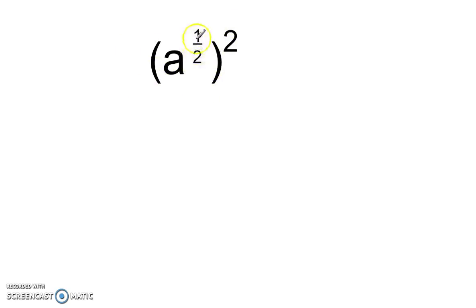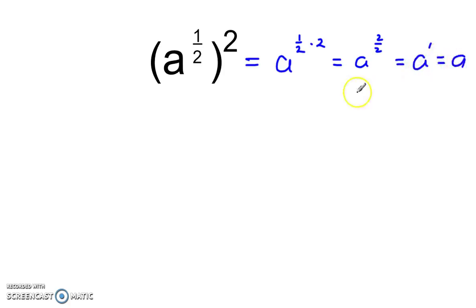Here I have an exponent that's a fraction. So, a rational exponent, a to a half, squared. Now, remember, a power to a power, we multiply: 1/2 times 2. Well, that gives me 2/2, and that's a to the first power, which is just a. So if I have a to a half squared, then that's just a.